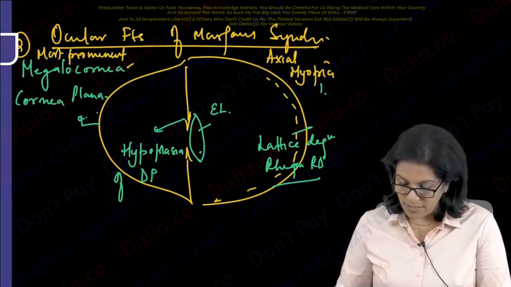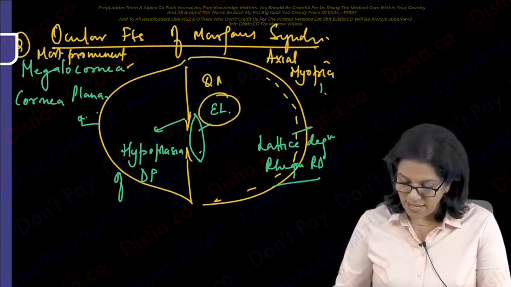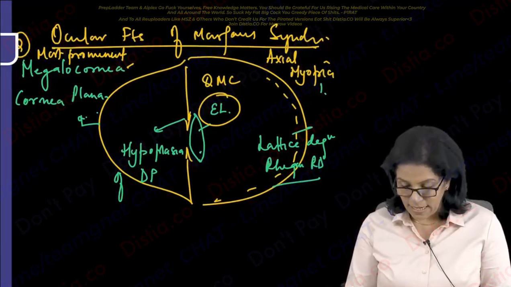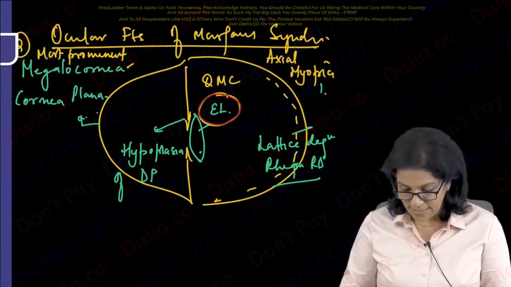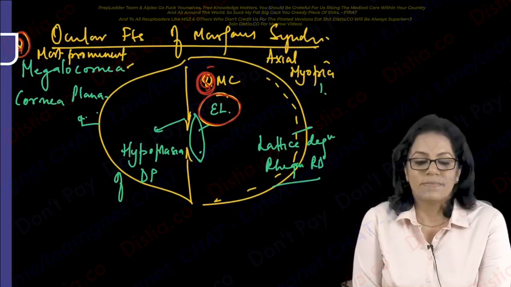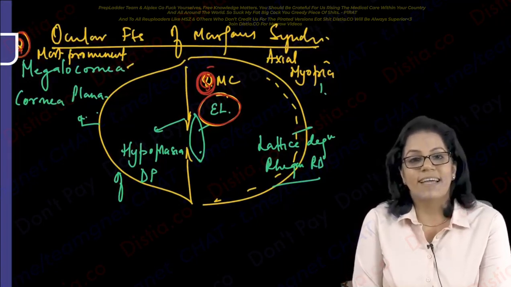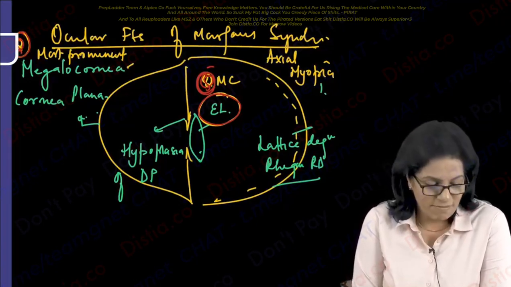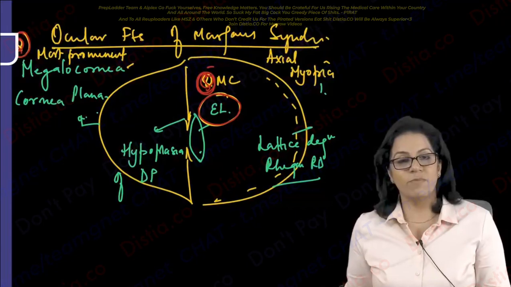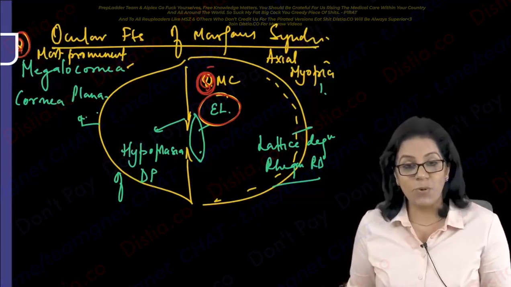But most common is ectopia lentis. And what is the direction we learned? This is superotemporal.